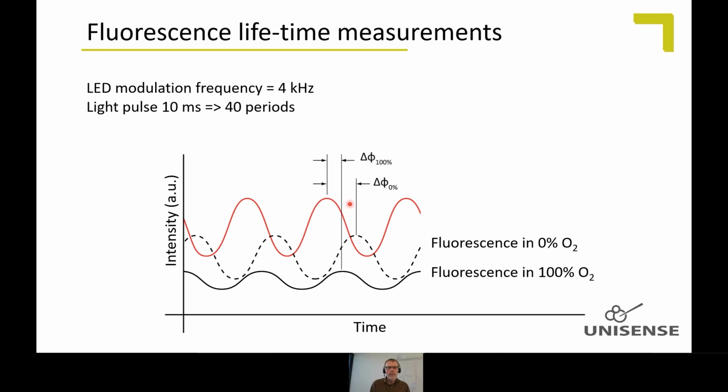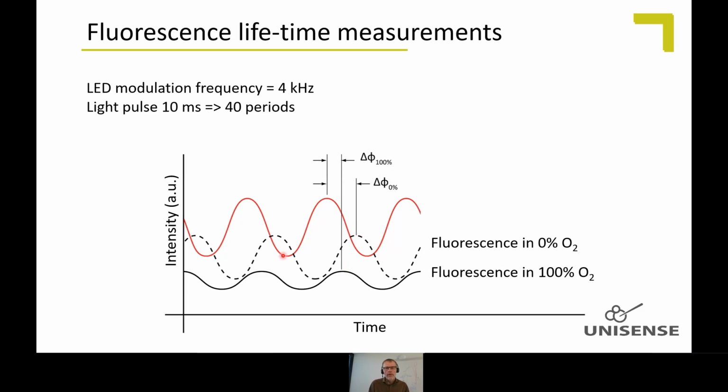It takes time for the fluorescence to be created and to die out again, and the intensity is also lower. But when there's a lot of oxygen around, then the intensity is even lower. But because the fluorescence dies out much faster, the peak of this waveform here is less delayed than if there was no oxygen.